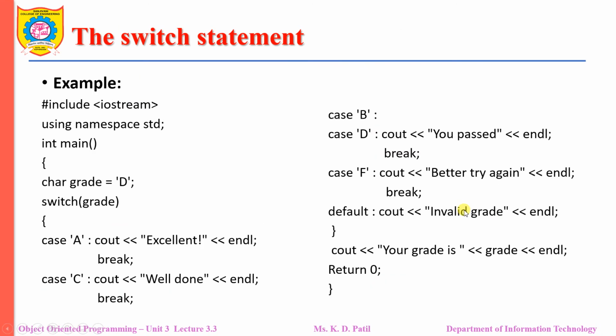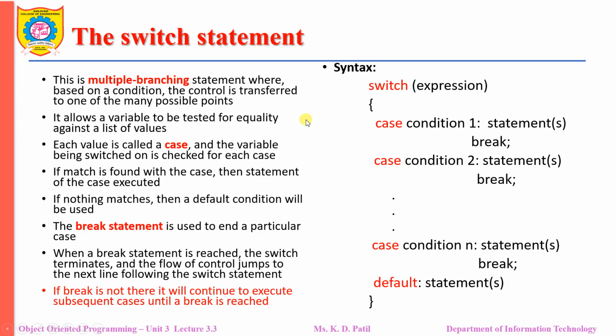Now let us move towards the switch statement. The switch statement is a multiple branching statement where, based on the condition, control is transferred to one of many possible points. If you observe the syntax, there are many possible conditions, and the switch statement allows a variable to be tested for equality against a list of values.